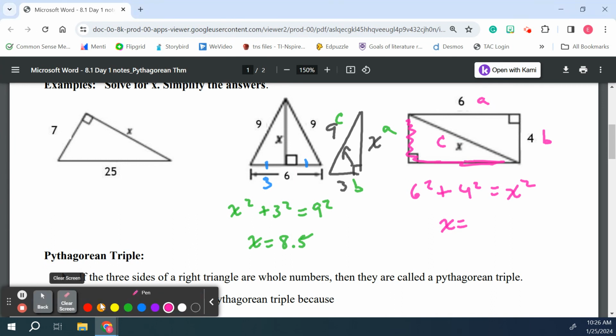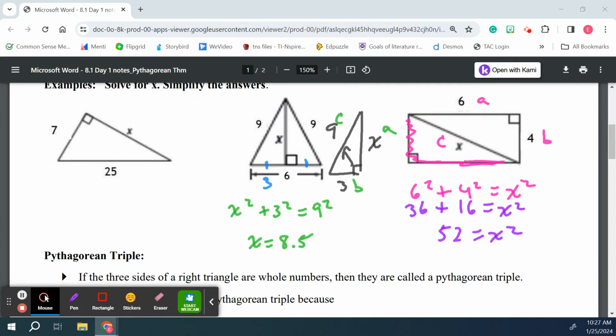What's 6 squared? 36. What's 4 squared? 16. All right. What is 36 plus 16? 52. All right. Now we take the square root of each side. Connor, what do we get? 7.2. Nice job. Okay. Questions?